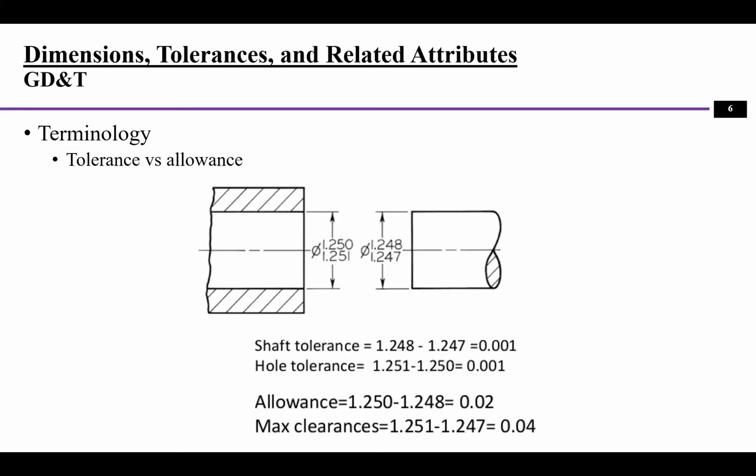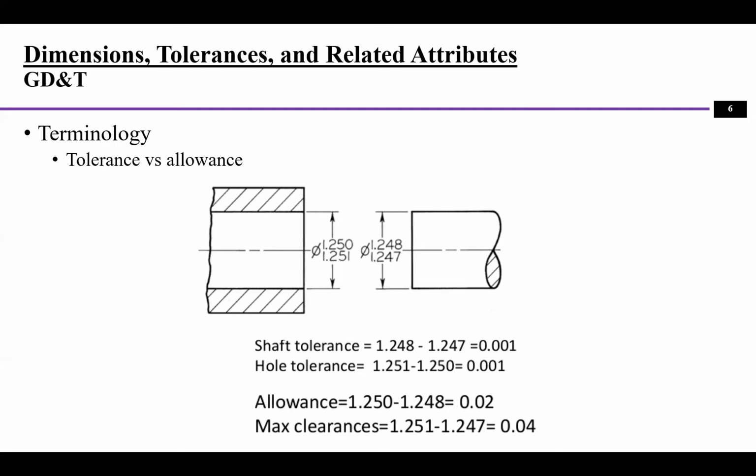First, we need to understand some terminologies, and one is tolerances versus allowance. In the graph, as you can see, we have a hole. We also have a shaft. So on the left, that's a hole. Right, that's a shaft. And the allowance means we're gonna use the smaller hole and a larger shaft, right?